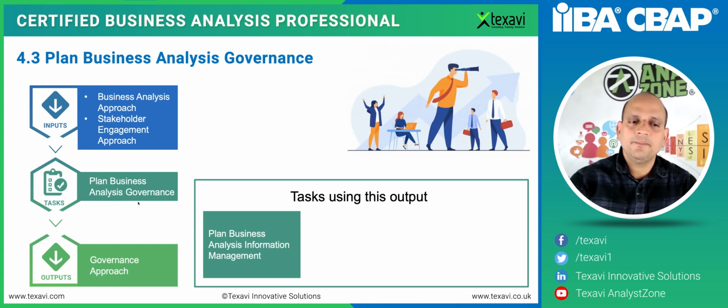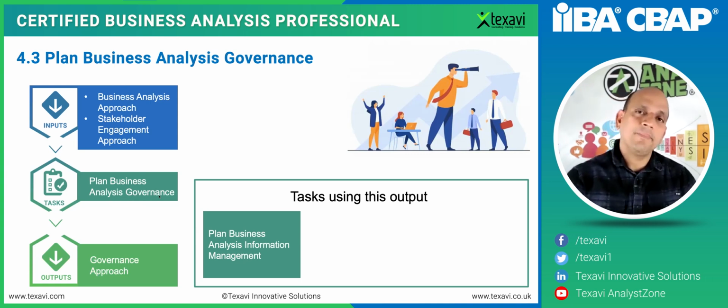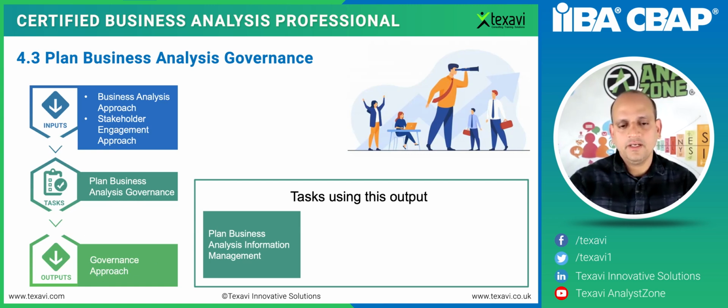Then you do the planning of the business analysis governance. Again, planning is not the governance activity. You're planning how you would like to do the governance later, all through the life cycle of the project or product development. The final output for this activity would be the governance approach.